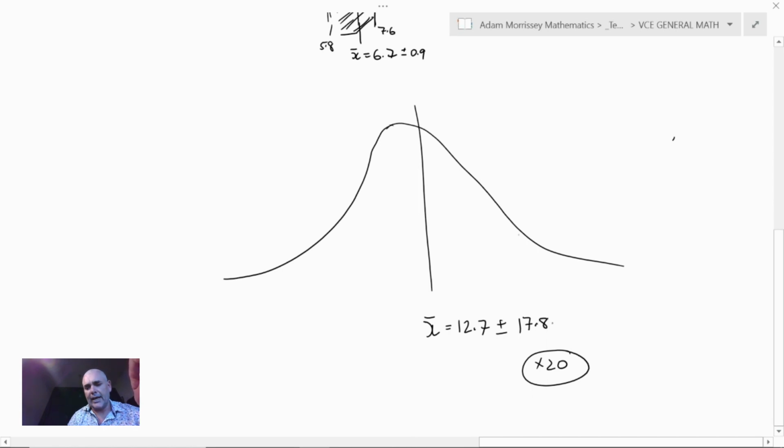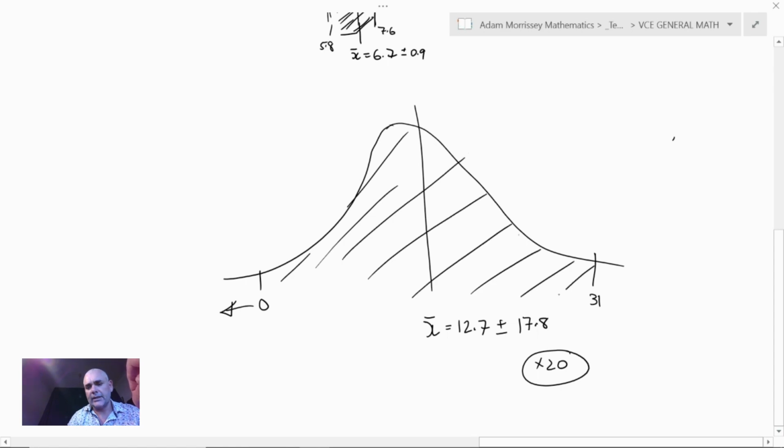We've got the mean here. Let's add roughly 18 to that, and we're at 31. We're close to 31. On the other side, subtract 17 from 12, and we're past zero. So plus or minus 1 standard deviation here is all this data, which includes most things, right?